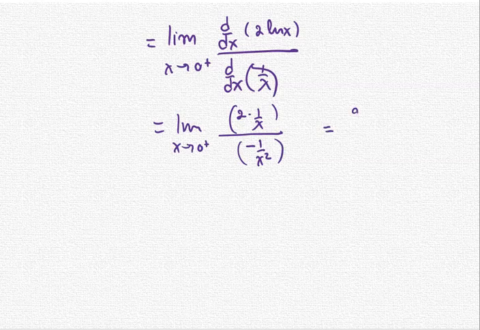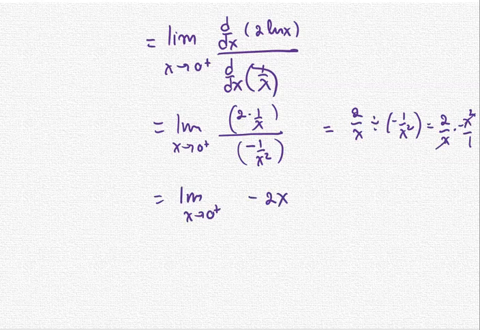Simplify this expression to be 2 over x divided by negative 1 over x squared. We write it as a product of the reciprocal, or 2 over x multiplied by negative x squared over 1. After we simplify, the expression becomes negative 2x.